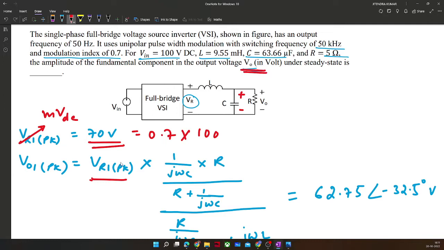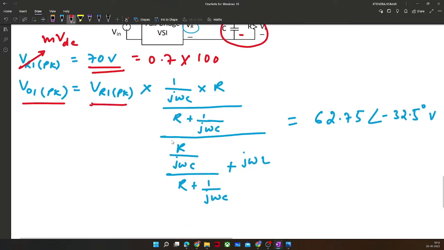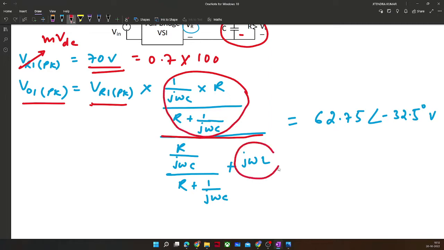Okay, so for that purpose, we are taking the amplitude of the output, and that is going to be the equivalent impedance of this inductor and capacitor, that is 1 by j omega C. So a parallel combination of this circuit would be R into 1 by j omega C divided by R plus 1 by j omega C. And after that, we can take the total impedance, that would be the sum of this plus this.